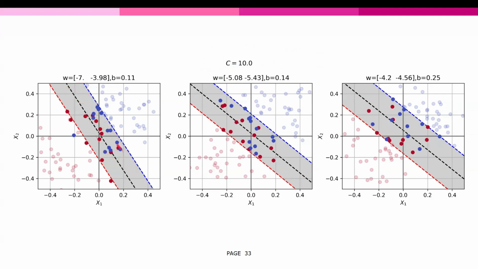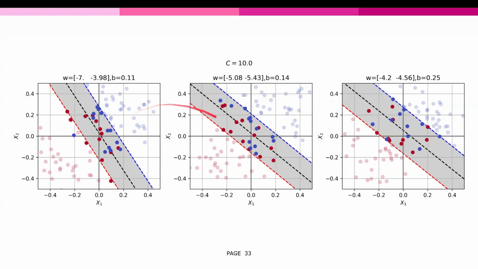There are not that many points inside the margin. And crucially, this is the same generating distribution, the data points are being drawn from the same distribution, just with different initial random seeds.